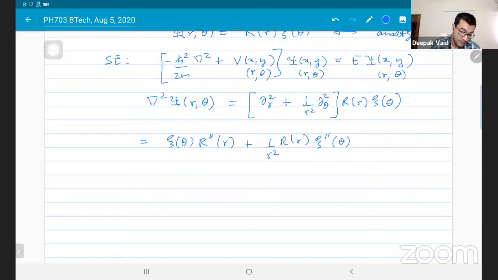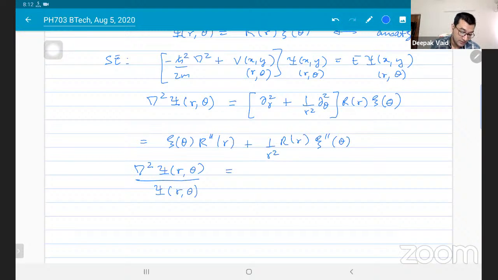Now the next thing is that you take the whole equation and divide it by psi. In the kinetic term, you divide by psi, and all the other terms also.